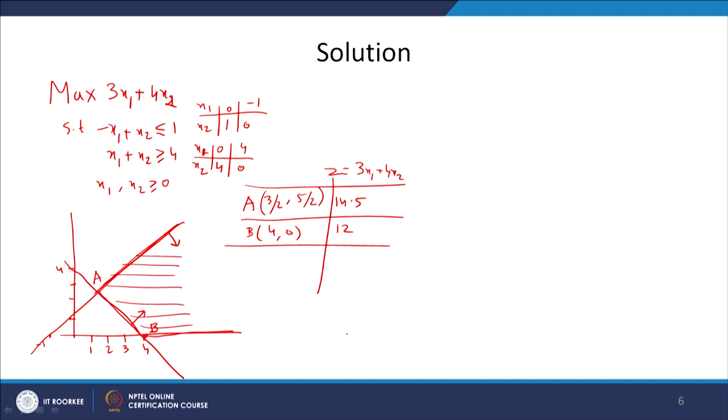Also, if you take any point P on this line, it will have coordinates (t, t plus 1). So, the point P, which is a generalized point on this line segment, will have an objective function value, let us say 74 if you take t equal to 10, because it will be of the type 7t plus 4.